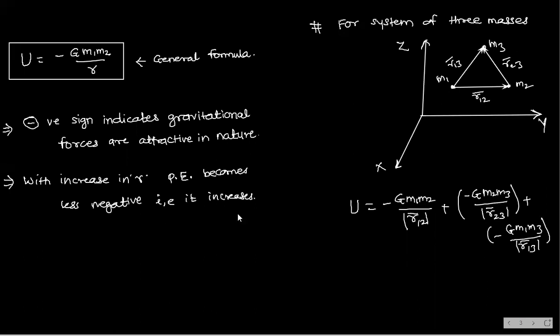So what you will get here, this U is going to be like this: minus, I am taking G common, minus G common. What is left? See, m1 m2 by r12 bar magnitude plus m2 m3 by r23 bar magnitude plus m1 m3 by r13 bar magnitude.